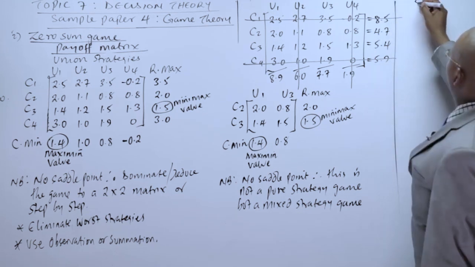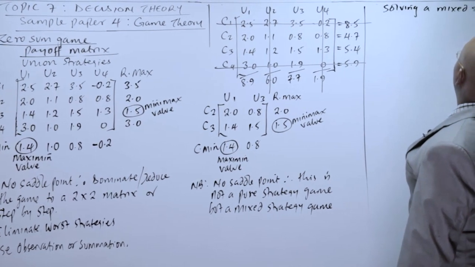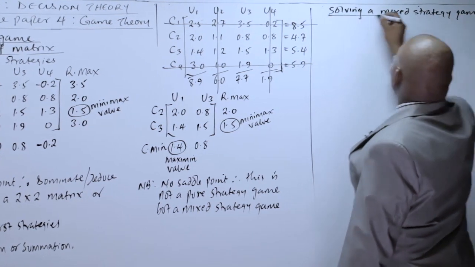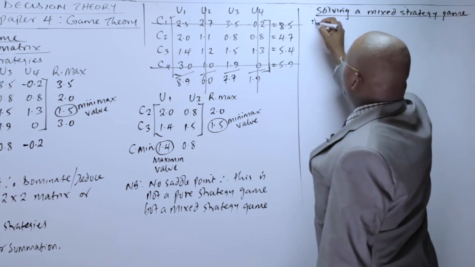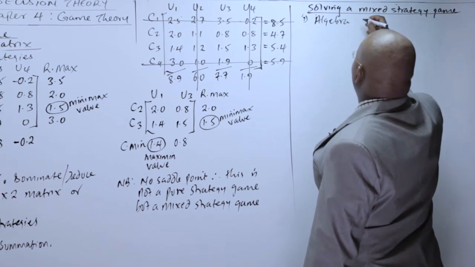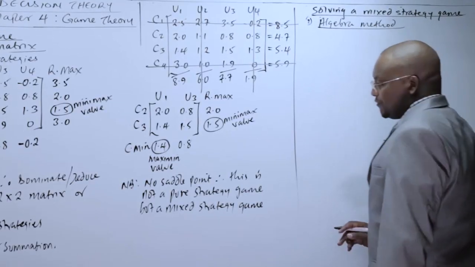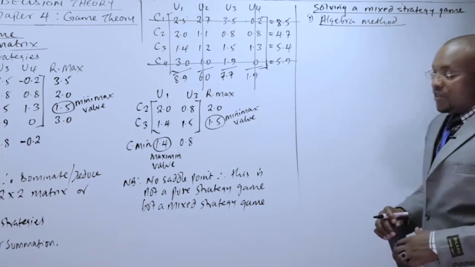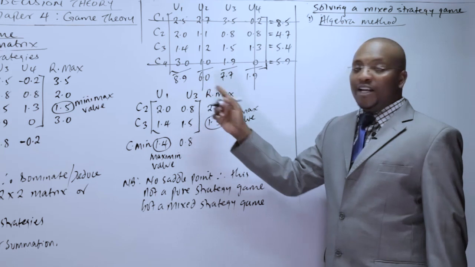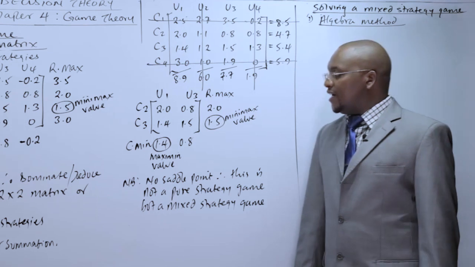Solving a mixed strategy game. So the first approach is what you call the algebra method, where we normally look for the probabilities or the proportion of the union playing U1 and U3 and the company playing C1, C2 and C3.